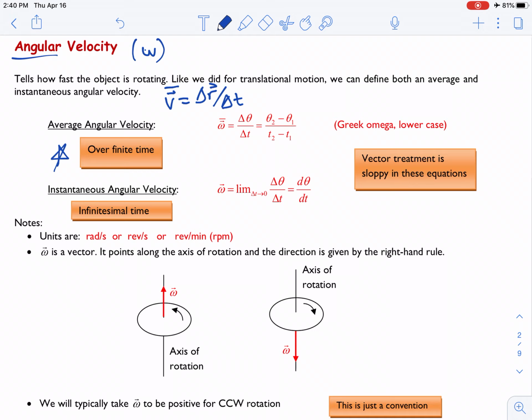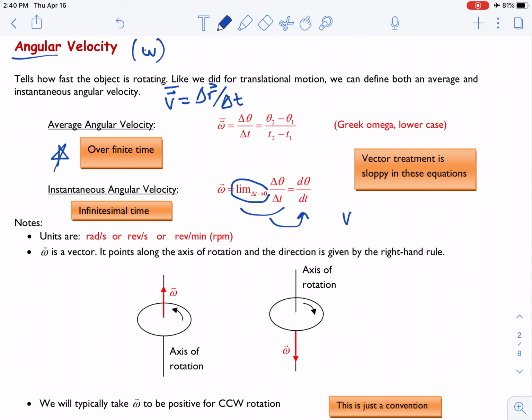And what is instantaneous angular velocity? It is for an infinitesimally small time, right? So we are going to make that delta t go to 0, and we're going to take the limit. And when you take the limit, this definition here is the definition for the derivative, and that is d theta over dt.